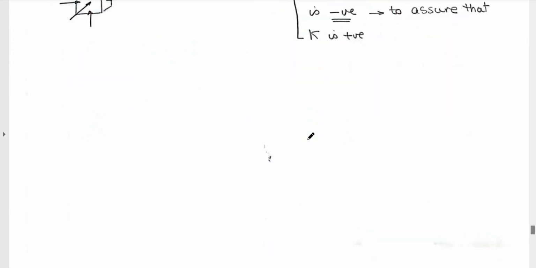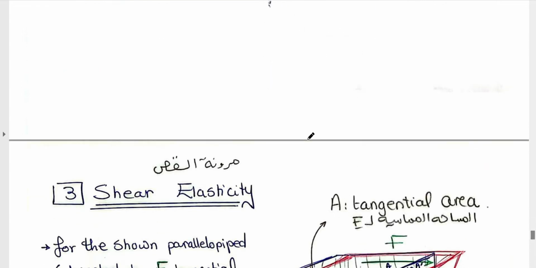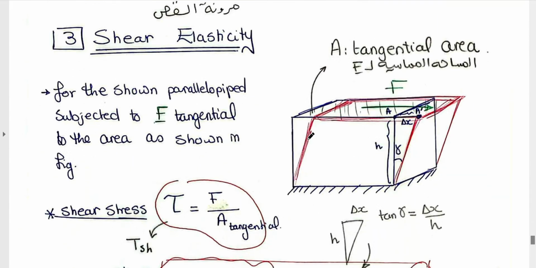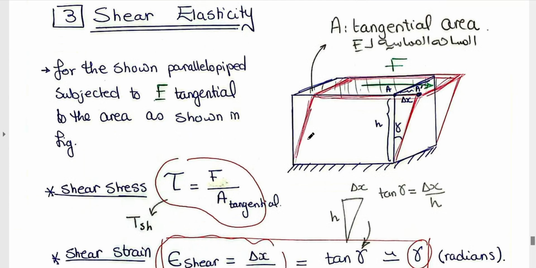The third topic that we want to study in elasticity is the shear elasticity. What is the difference between shear elasticity and longitudinal elasticity? Assume we have this parallelepiped which is fixed from the bottom, and we apply this force on the upper area, but this force is now tangential to the area.